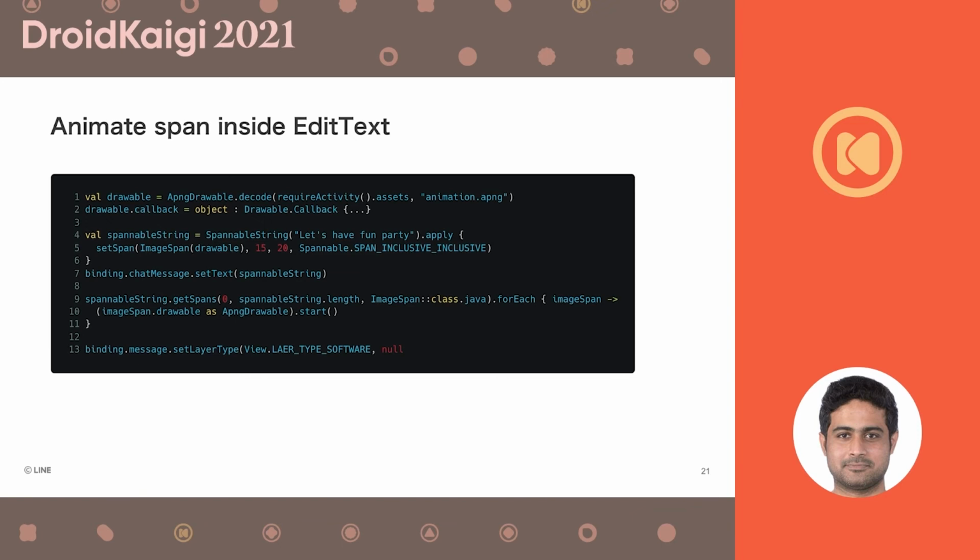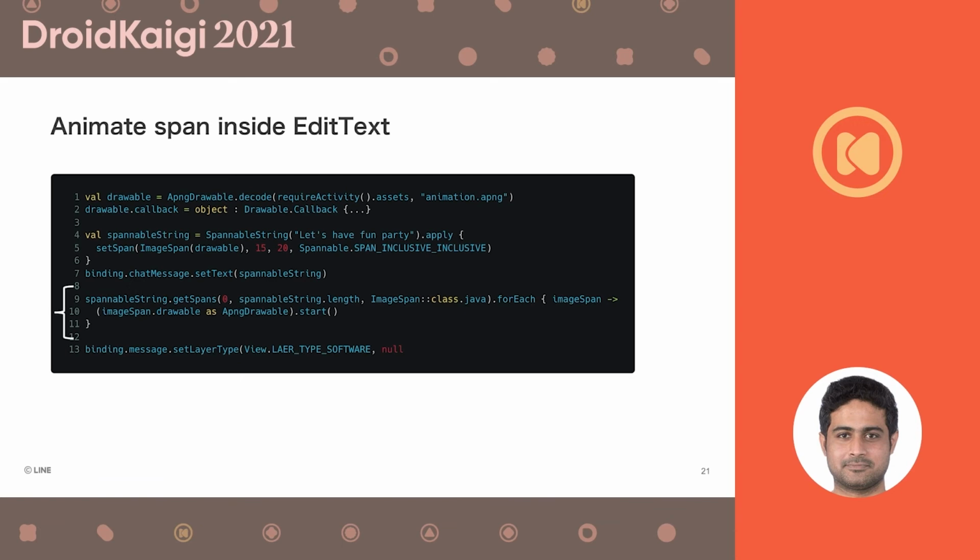Okay, so now let's start with the edit text. Now we have discussed the text views and the issues that we face in doing so. Now let's move toward the edit text. So here's an example. We created an APNG drawable from asset, and we set a callback like we did in TextView, and now we created a spannable string and set the text here.